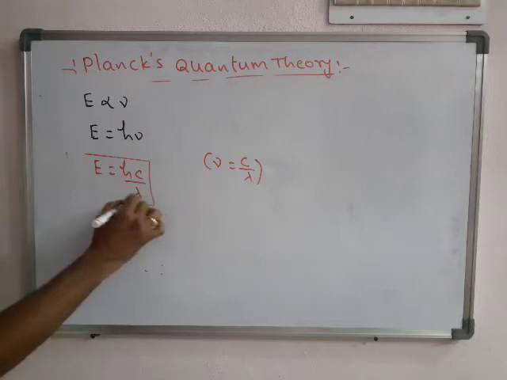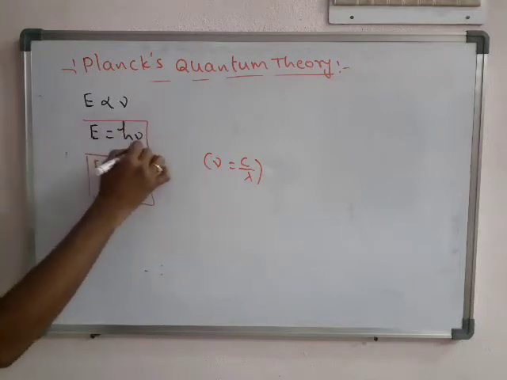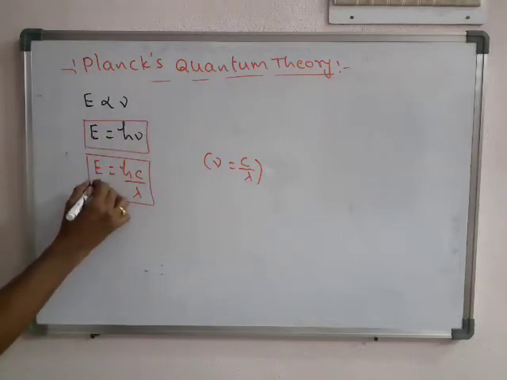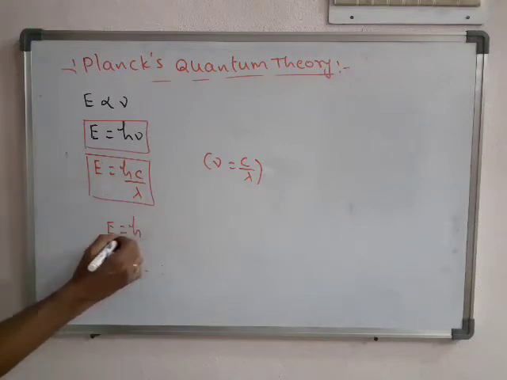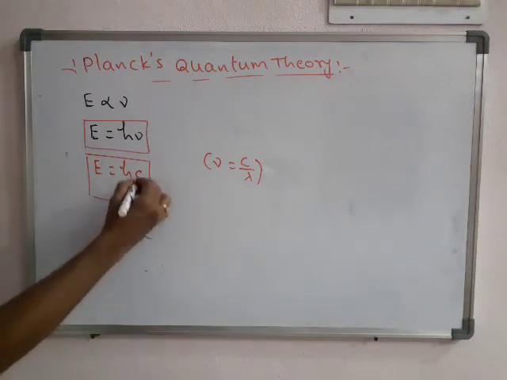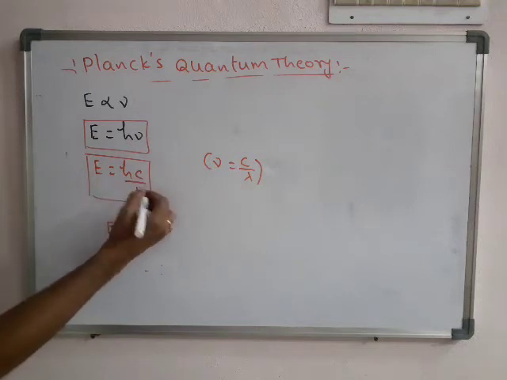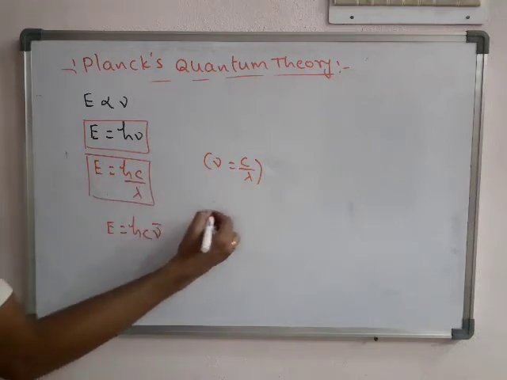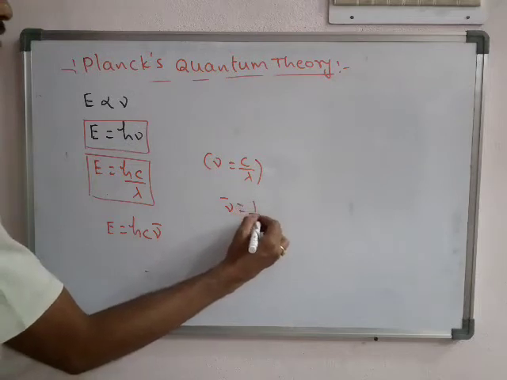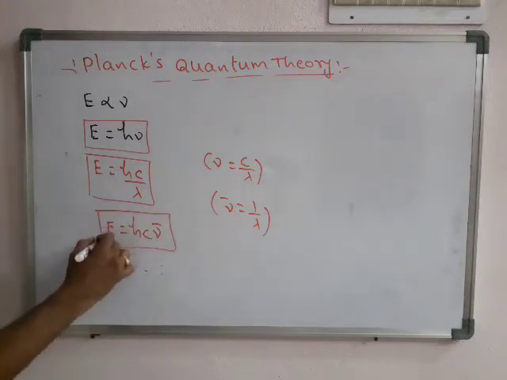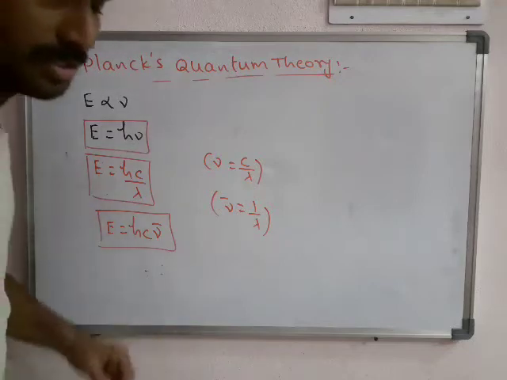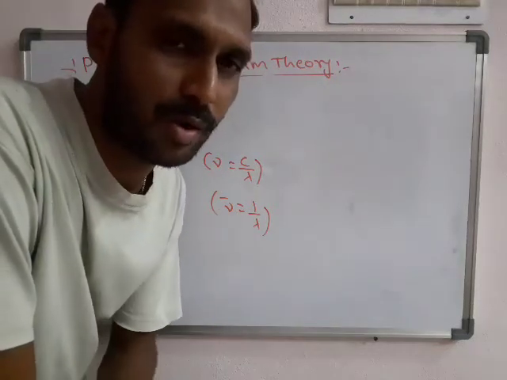This is also an equation. The main form is E equal to h nu. From this we obtain E equal to hc by lambda. Can you guess another form? E equal to hc times 1 by lambda, and we can write nu bar, because we know that nu bar is equal to 1 by lambda. So this is about the Max Planck quantum theory.